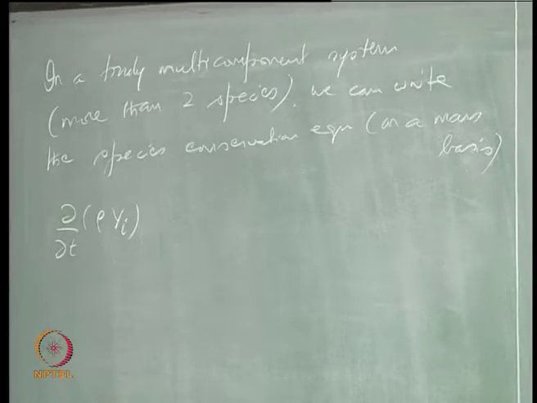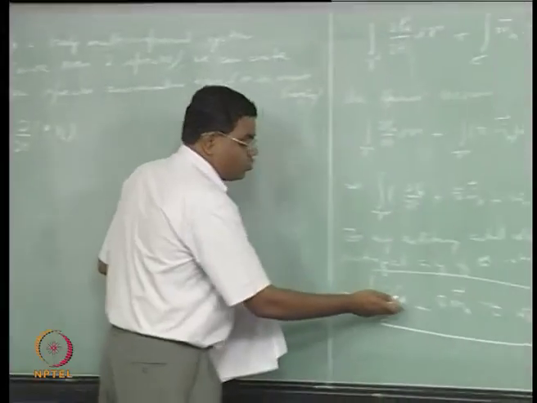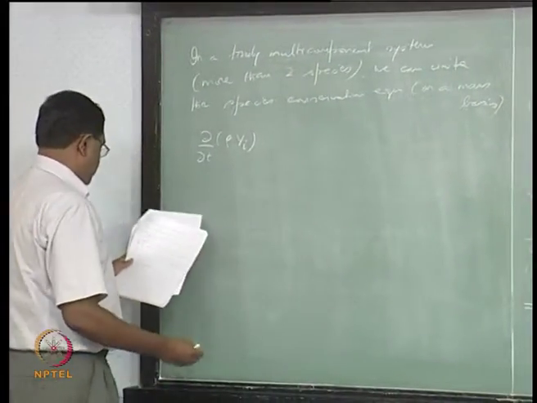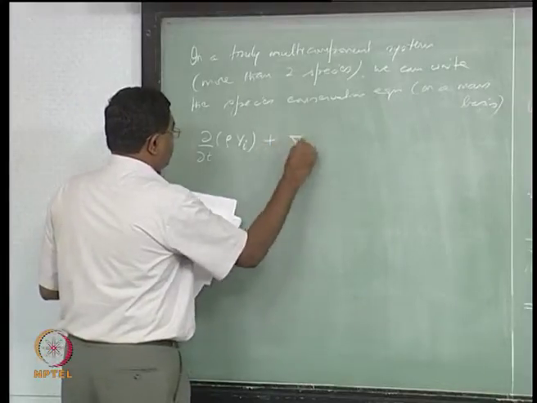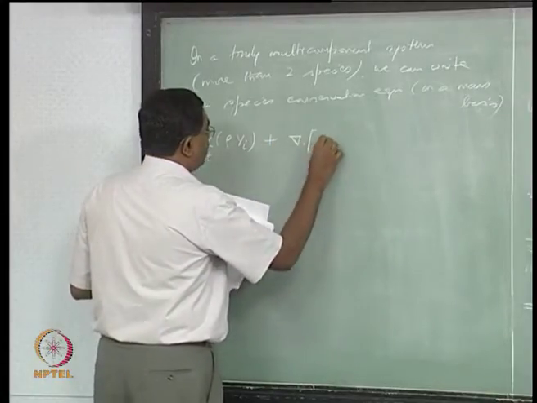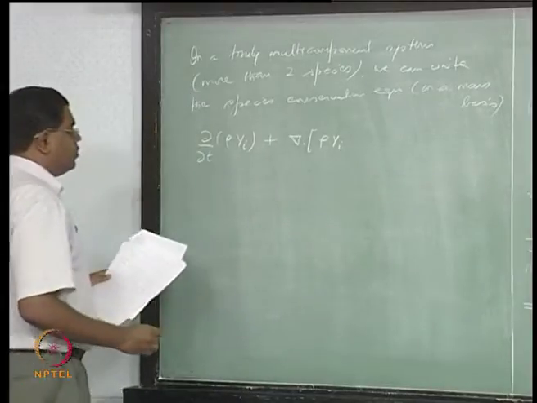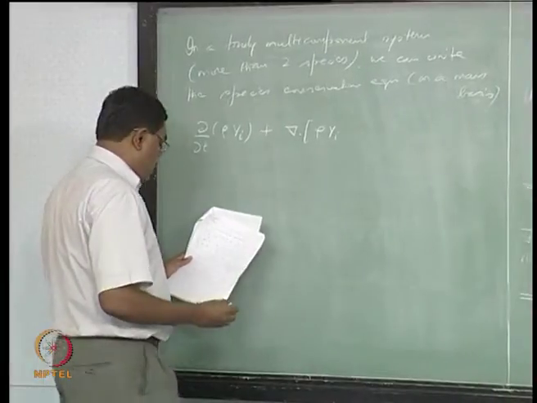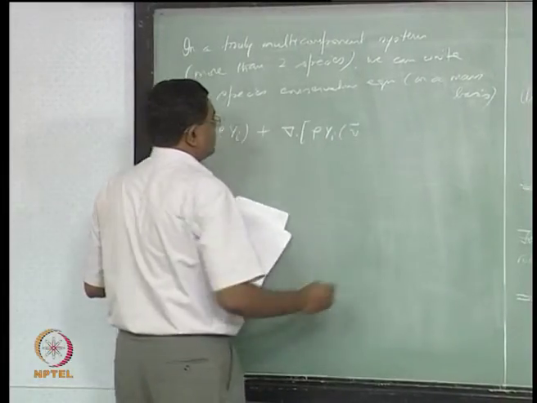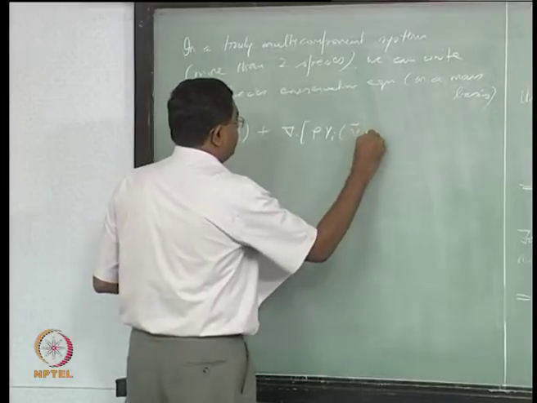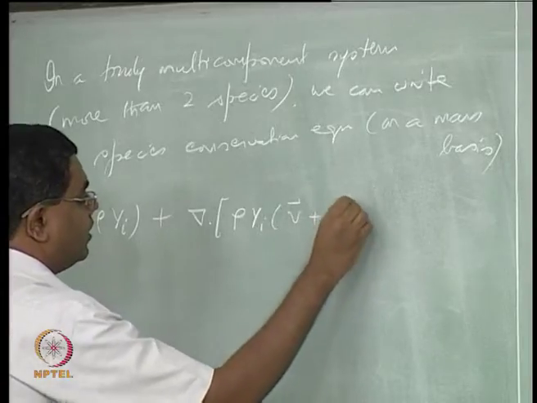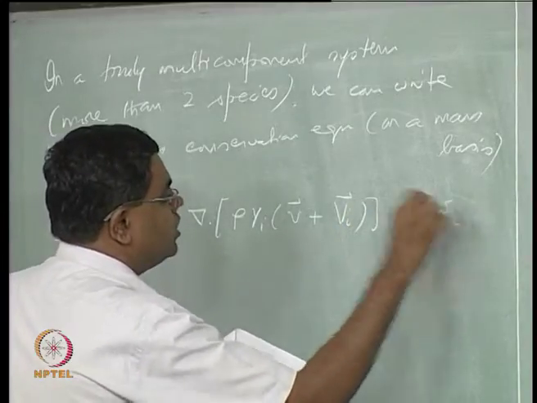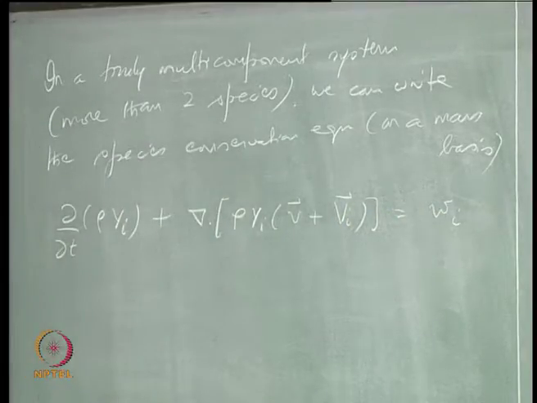So rho a can be written as rho Ya. Similarly, I'm going to write rho Yi for the ith species, plus divergence of rho Yi times the mass average mixture velocity V plus capital Vi, is equal to Wi.